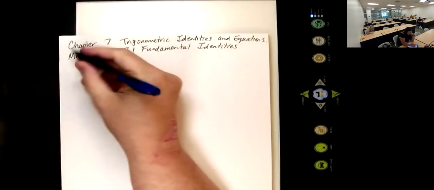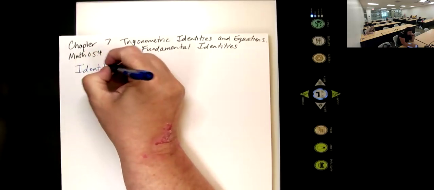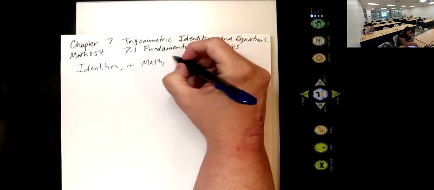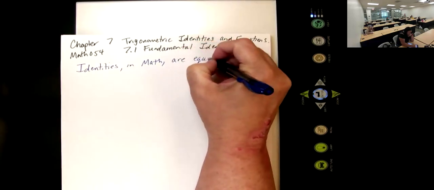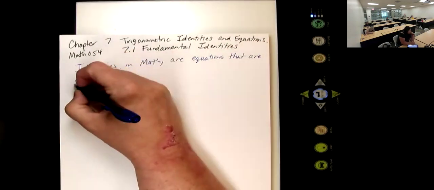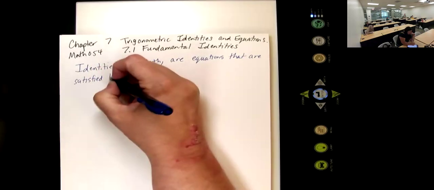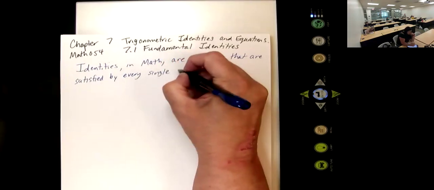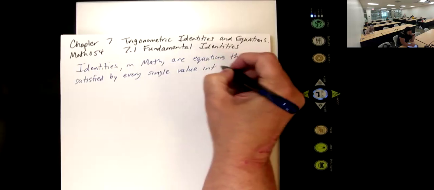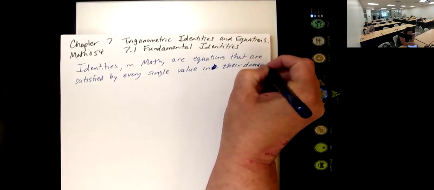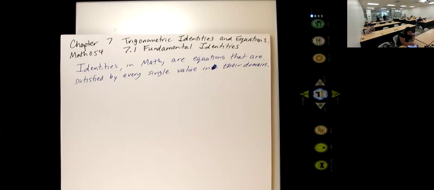Identities in math are equations that are satisfied by every single value in their domain. It's something that's always trivial.